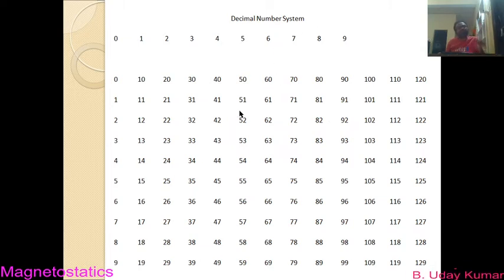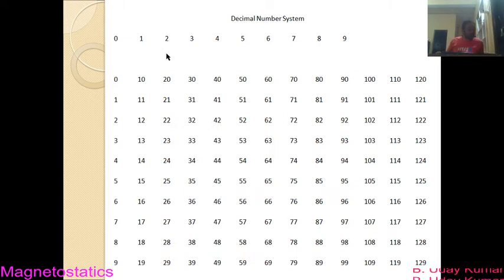Why we write and how we write, that I will discuss here, because if you understand the logic of writing the decimal numbers, you will automatically understand how we can write binary numbers in the binary number system.